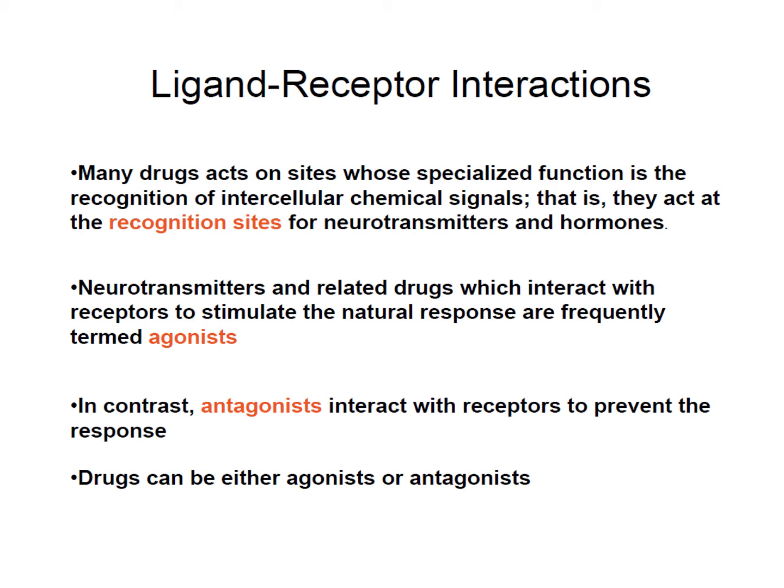The neurotransmitters and related drugs which interact with the receptors to stimulate the natural response are frequently termed agonists. In contrast, antagonists interact with receptors to prevent response. Drugs can be either agonist or antagonist, and we will see how we can distinguish the two of them.